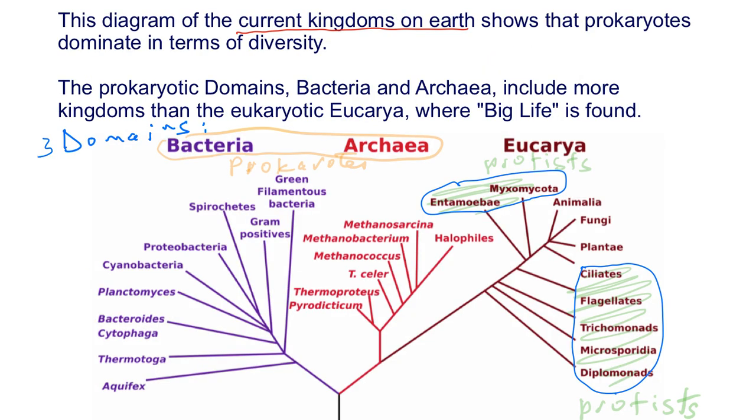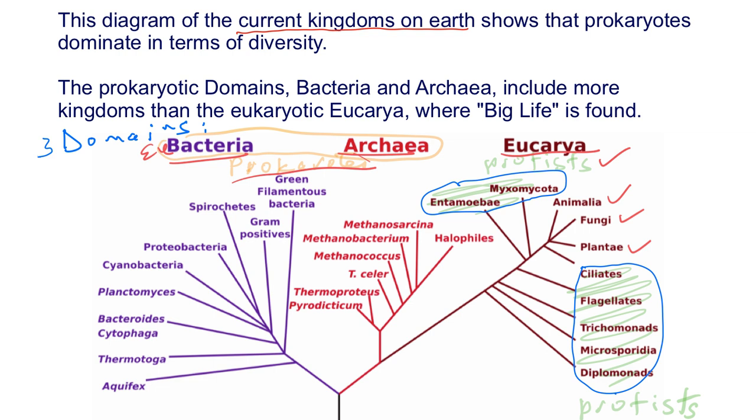So we have 3 super kingdoms or domains, like I said before: Eubacteria and Archaea, which are the prokaryotes, and Eukarya, which are eukaryotes. Then we have 5 kingdoms of eukaryotes. We've got the plant kingdom, the fungi kingdom, the animal kingdom, the protist kingdom. That's 4. Sorry, that's 4. 1, 2, 3.